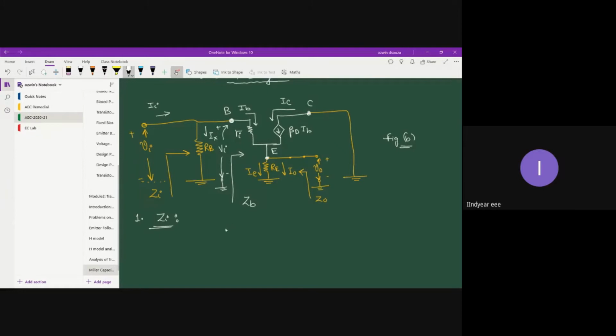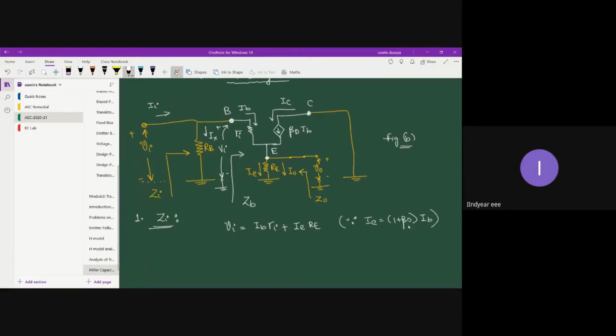So you can write the input voltage Vi by applying KVL. That's IB into Ri plus IE into RE. But IE is basically 1 plus beta D times IB, right? So beta D you need to bring in.